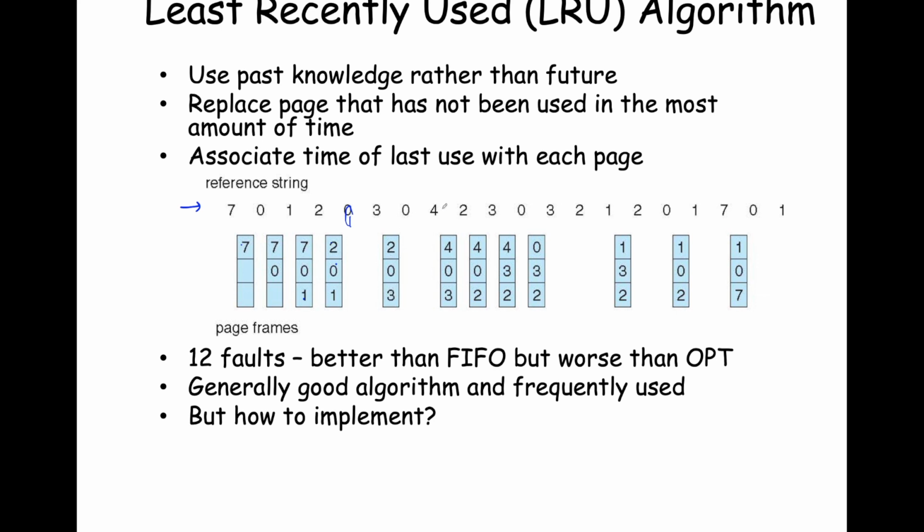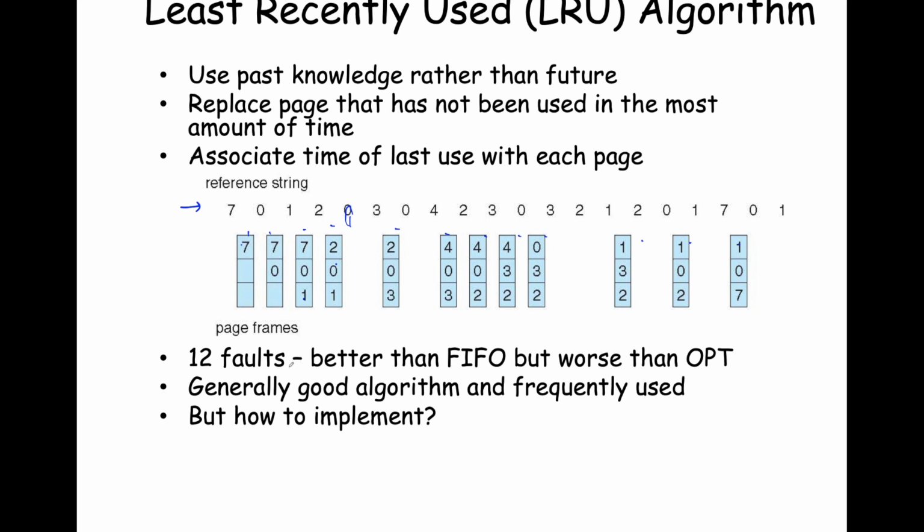And so we keep going with this algorithm, and if we look at this, we have a total of 12 page faults. A page fault is represented, again, by each one of these blue rectangles that list all of the pages assigned to the various slots.